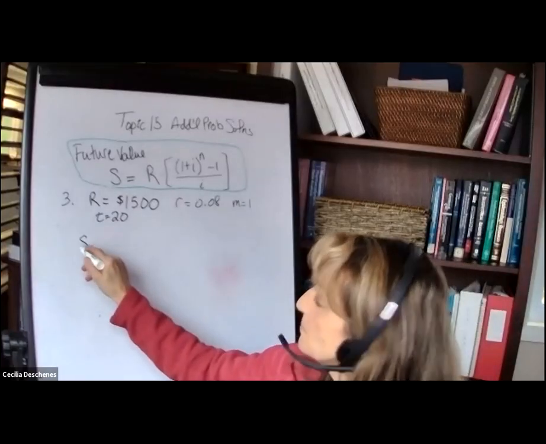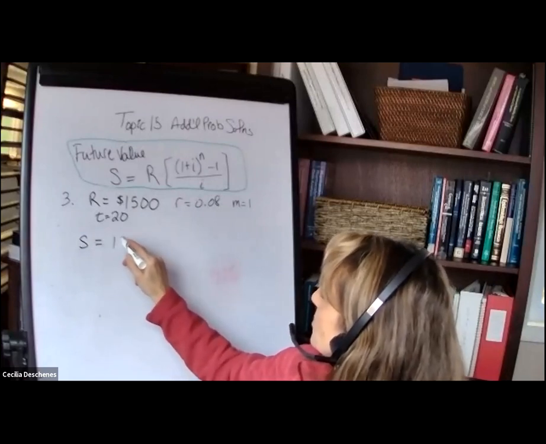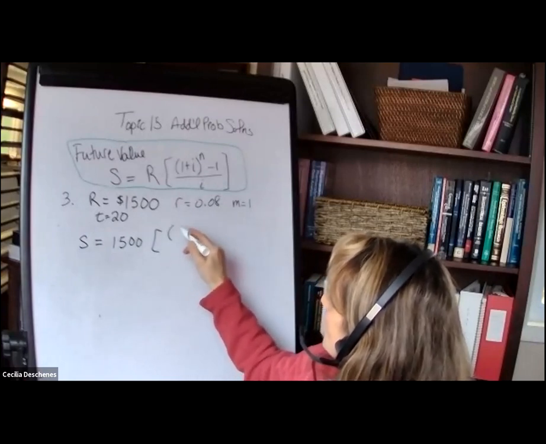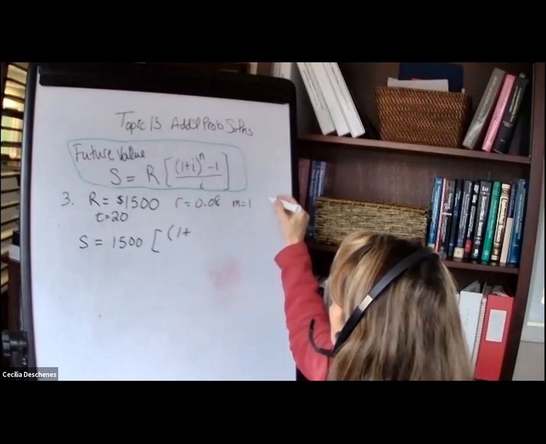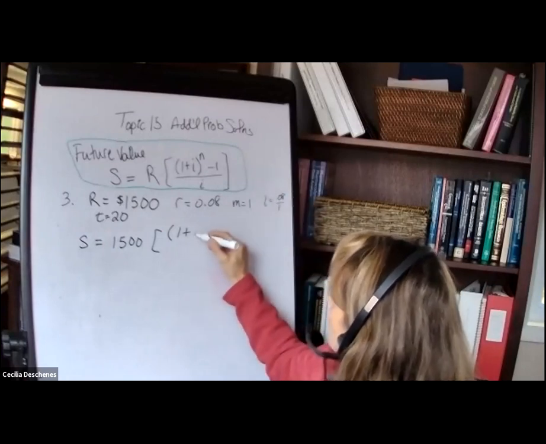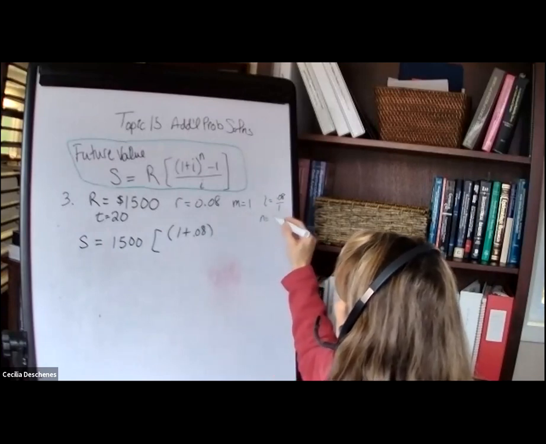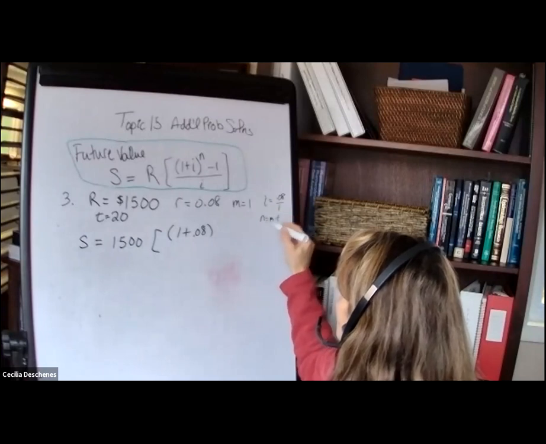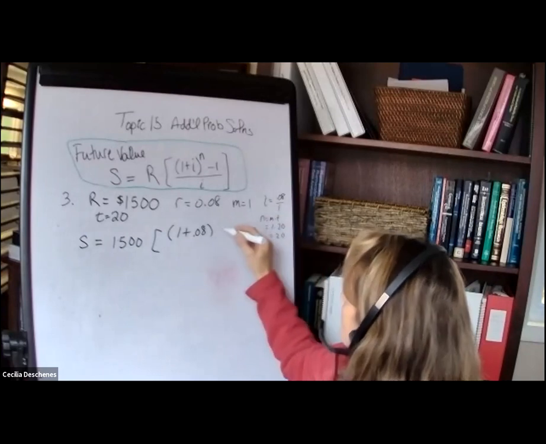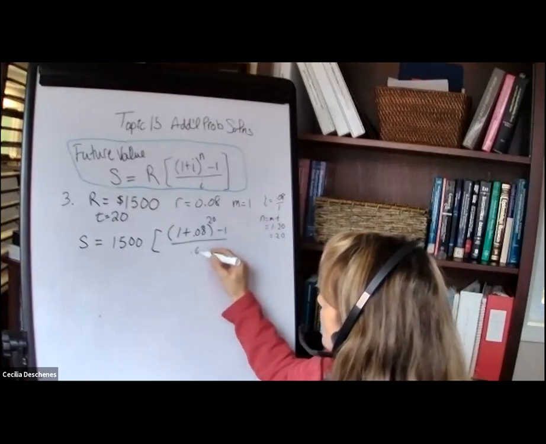So our sum is equal to 1,500 times the quantity 1 plus i, and i is now 0.08 divided by 1, so it's just 0.08. Our n is M times T, which is 1 times 20, or 20. That's our exponent, minus 1, all divided by 0.08.